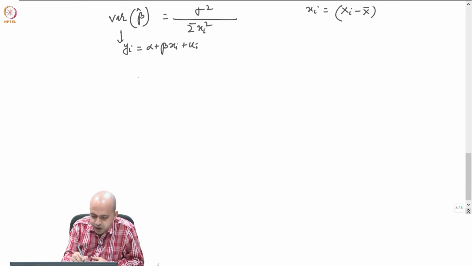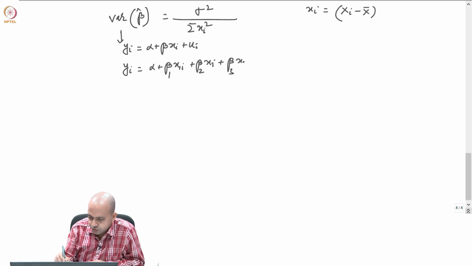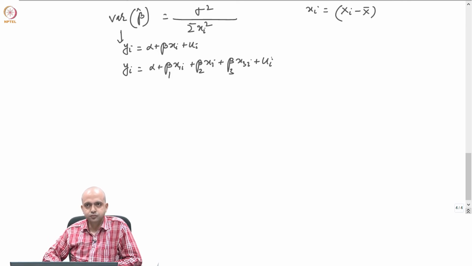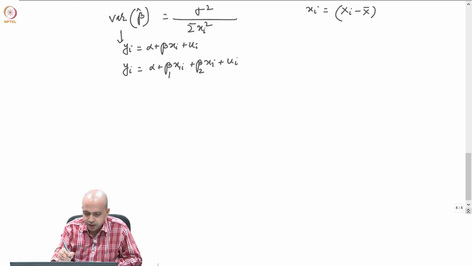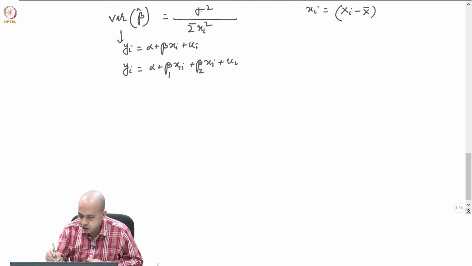Now, when your model involves more than one explanatory variable, alpha plus beta 1 x1i plus beta 2 x2i, or let us say I have only 2 for the time being, plus ui, then this particular variance formula changes.